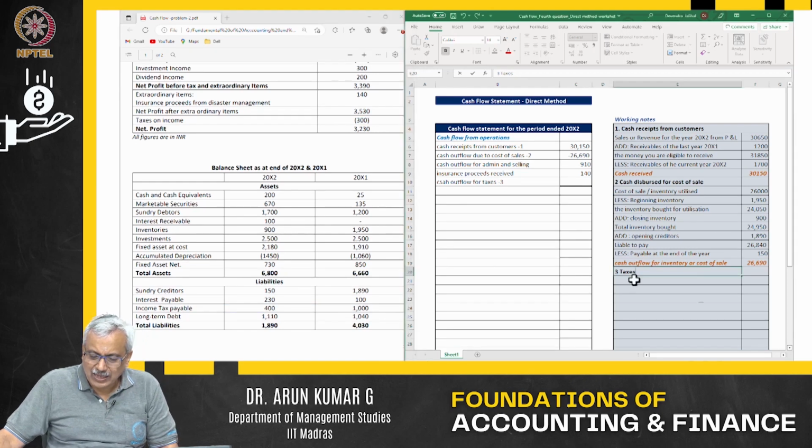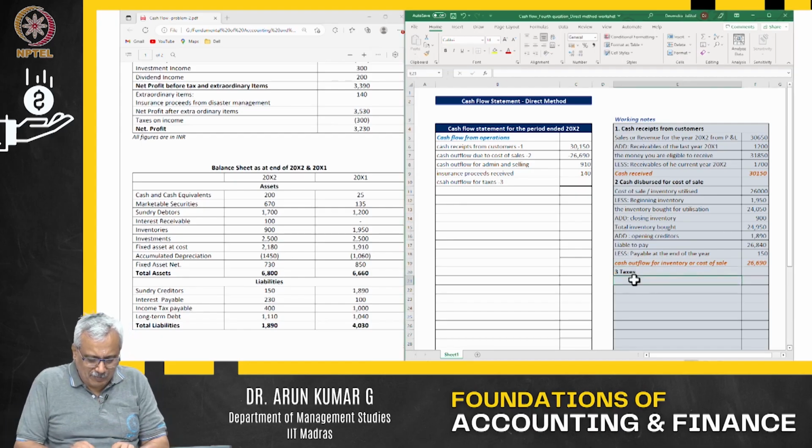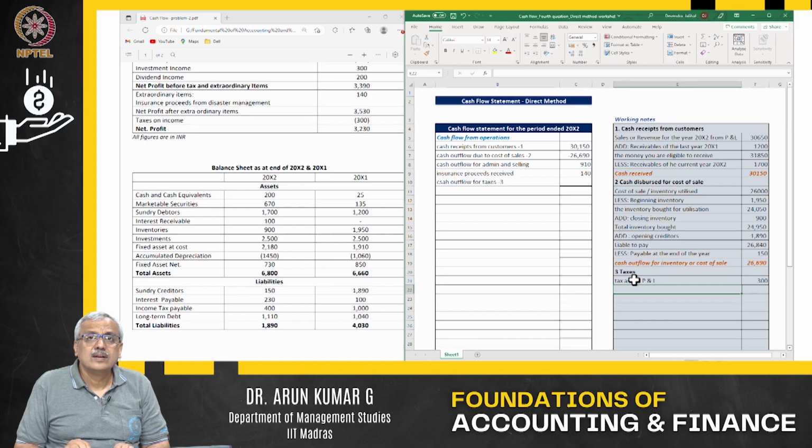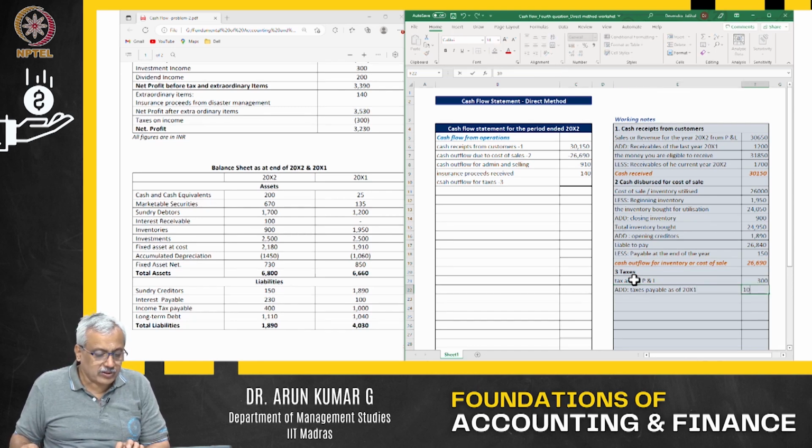So let us look at the tax as per P and L, which in this particular case is 300. Next, add taxes payable, taxes still due as of 20x1, that is about $1,000 here.